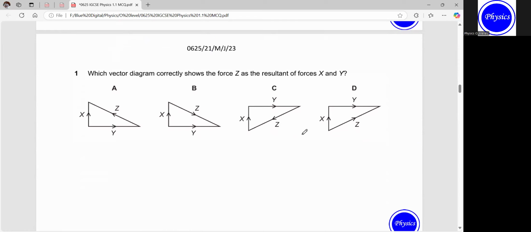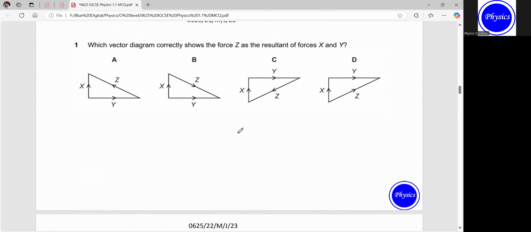Which vector diagram correctly shows the force Z as the resultant of forces X and Y? You would have learned that whenever you are dealing with two forces at right angles, it should be like this. Suppose there's an object subjected to two forces, one along the x-axis and the other along the y-axis.